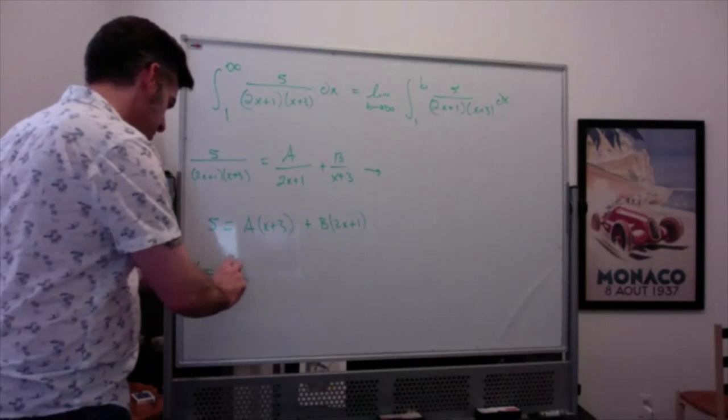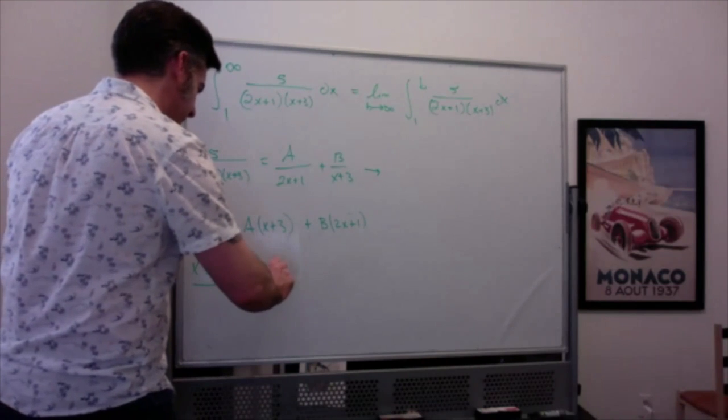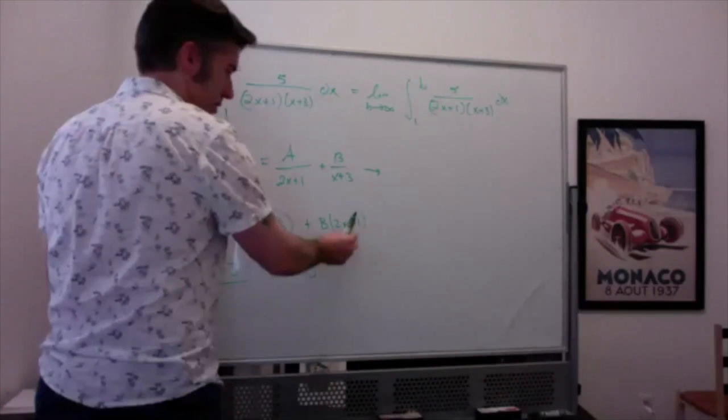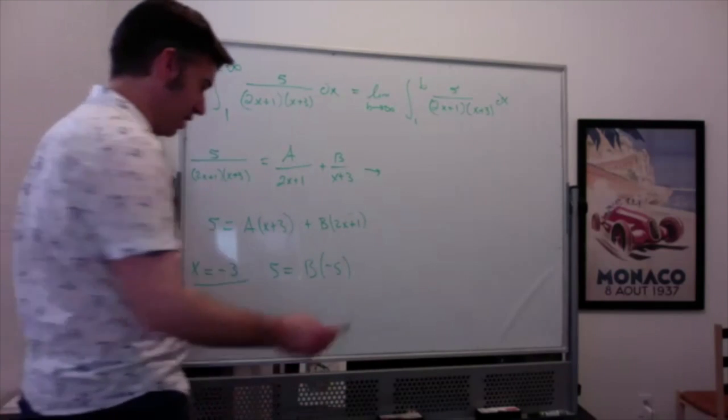Thank you. Someone else should write the other one while I do this. So I plug in negative 3, and I get 5 equal to a times 0 plus b times negative 6 plus 1, which is negative 5. So I get b equal to negative 1.